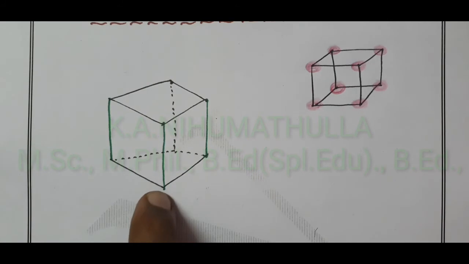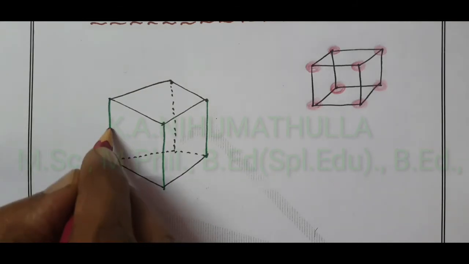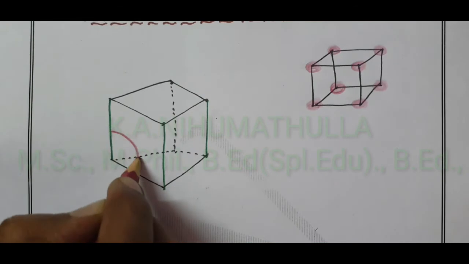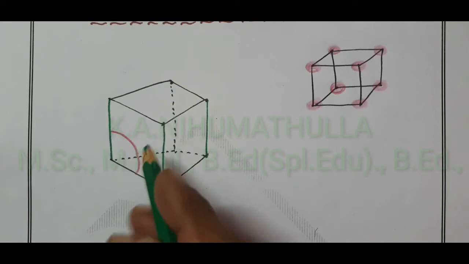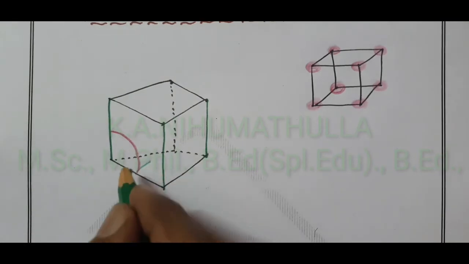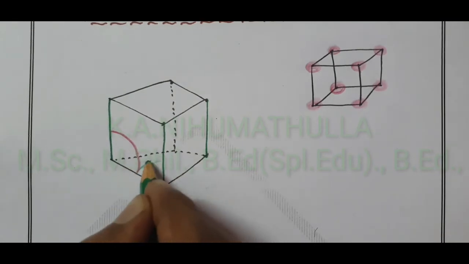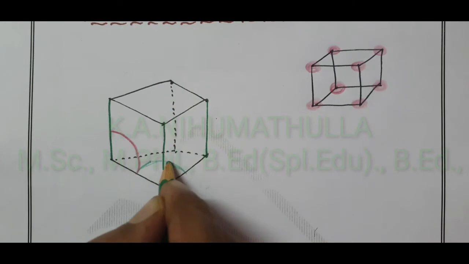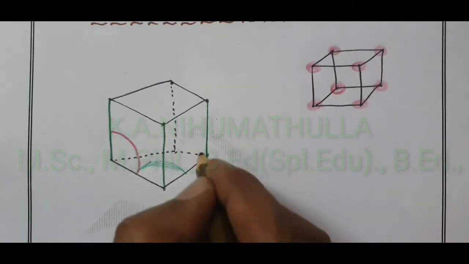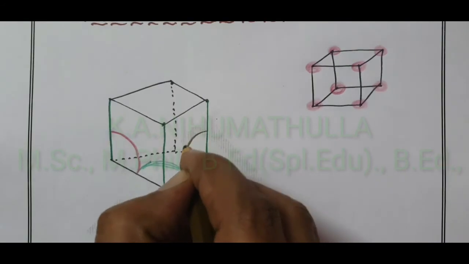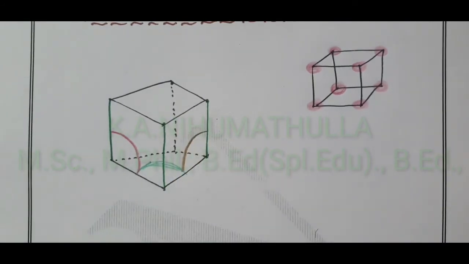Here you have one corner atom, and it touches the others. One more corner atom is here. You have to join all the edges.